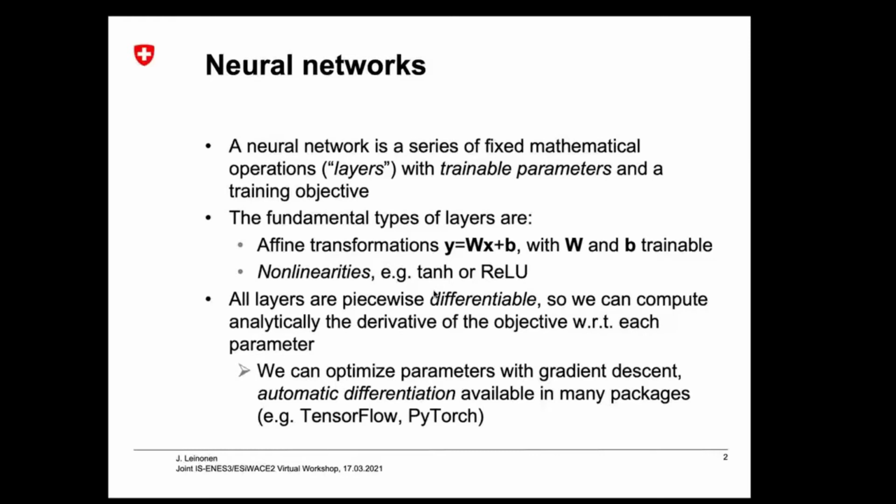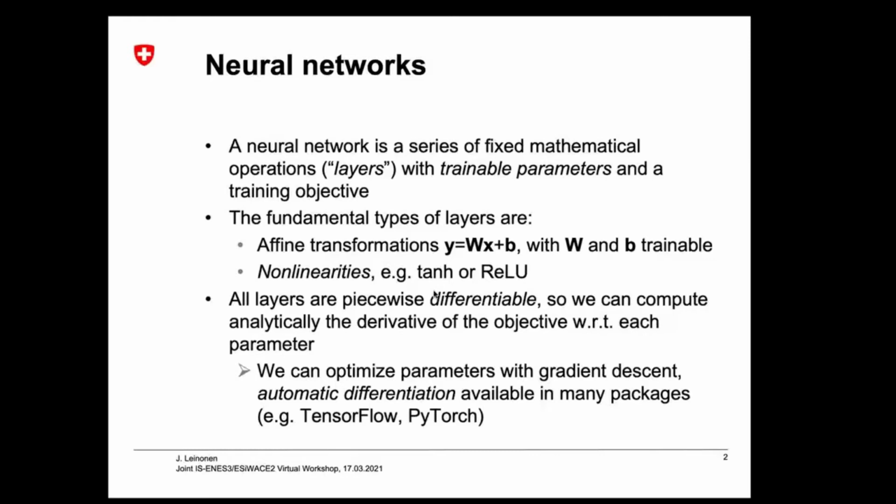So what's a neural network? In the old days, people used to really emphasize how neural networks were kind of emulating the way that the human nervous system worked. But in recent years, that's been de-emphasized a little, and now we're really talking of neural networks more in terms of series of these fixed mathematical operations, which are typically called layers.